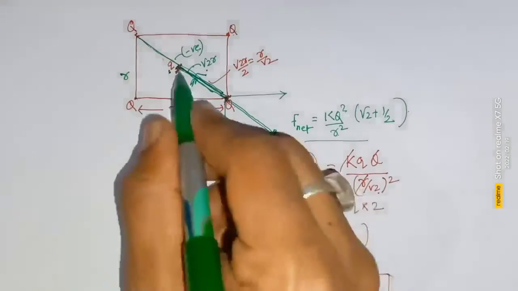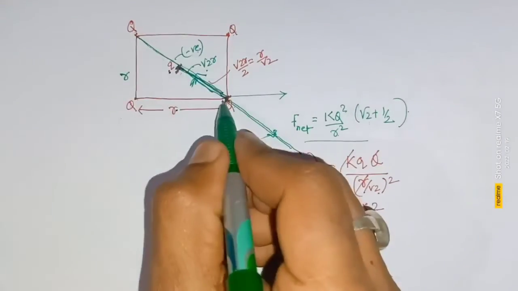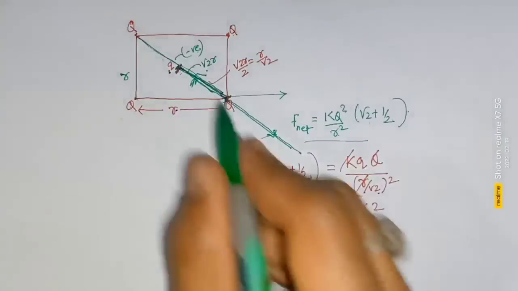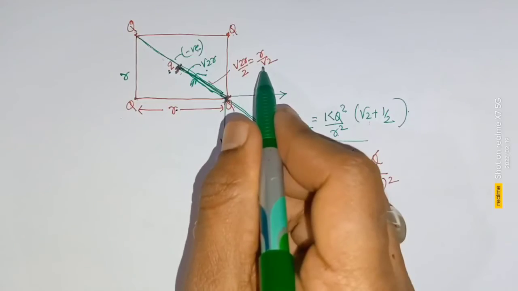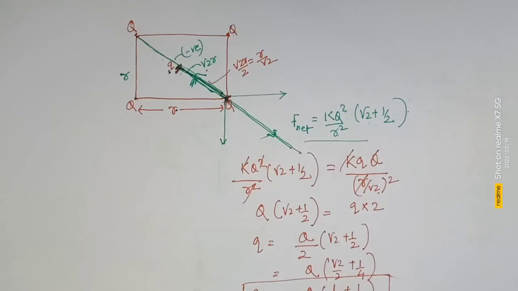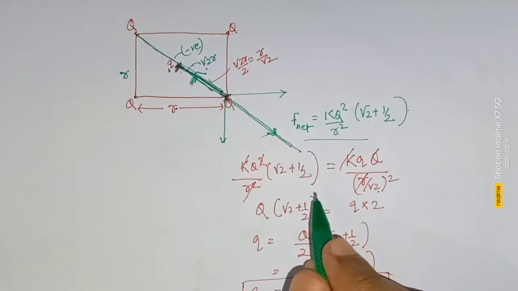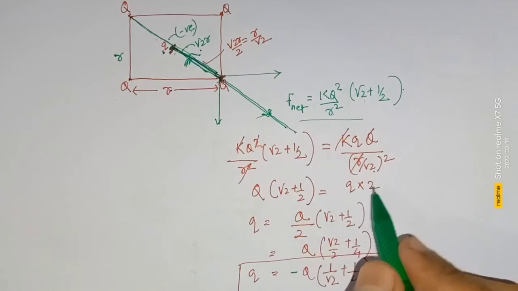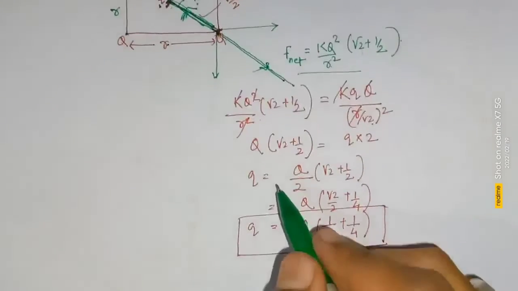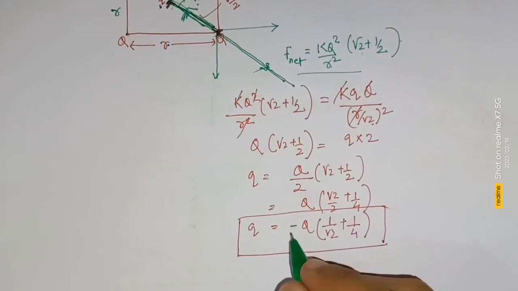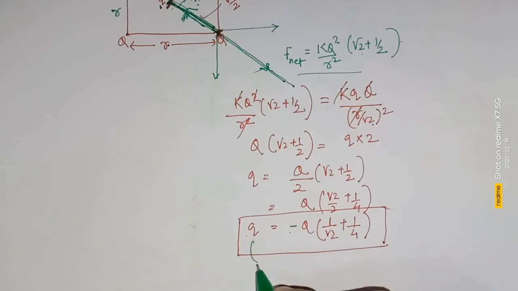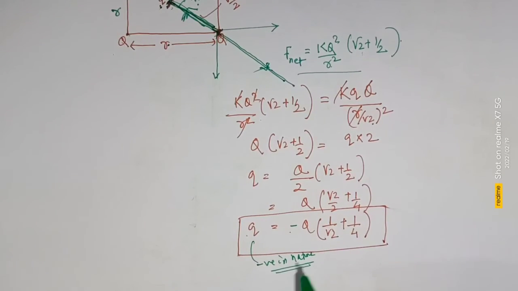The distance from here to here is the total distance root 2R, half of the distance is root 2R upon 2. So we can easily get this as R by root 2. So these two forces must be balanced. That's why the net force must be 0. Using this concept, we will get the Q value, and this is the magnitude of the charge, and this is the polarity, because this charge is negative in nature, or negative in polarity, that we will call it.